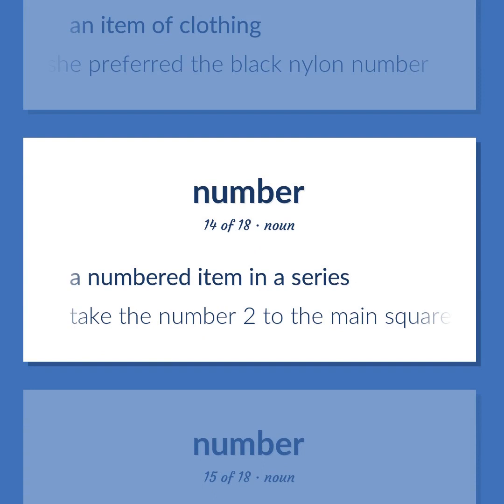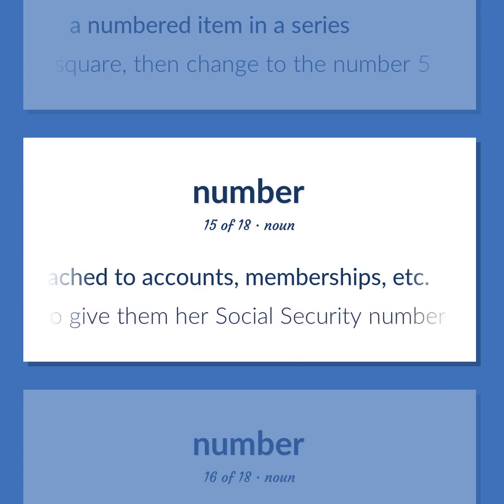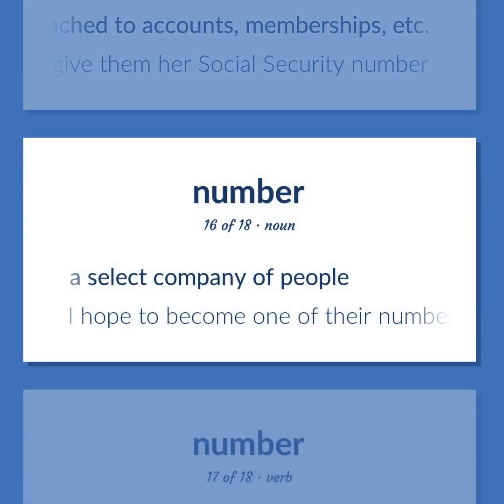Take the number 2 to the main square, then change to the number 5. A numeral or string of numerals that is used for identification and may be attached to accounts, memberships, etc. She refused to give them her social security number. A select company of people.